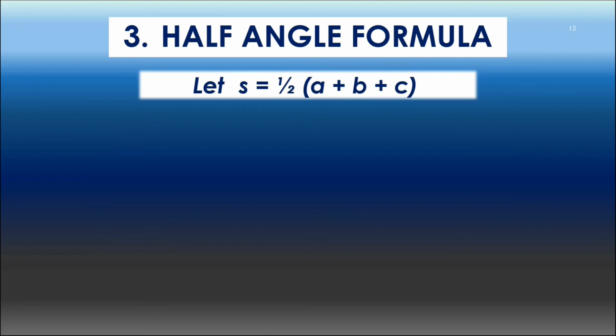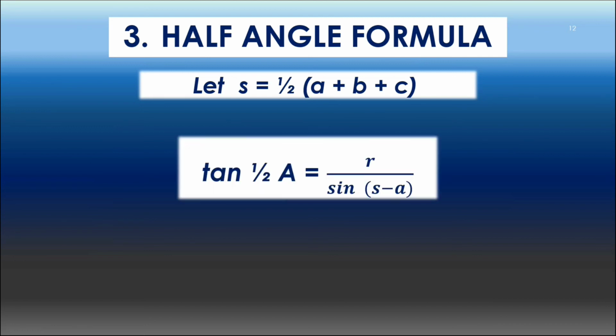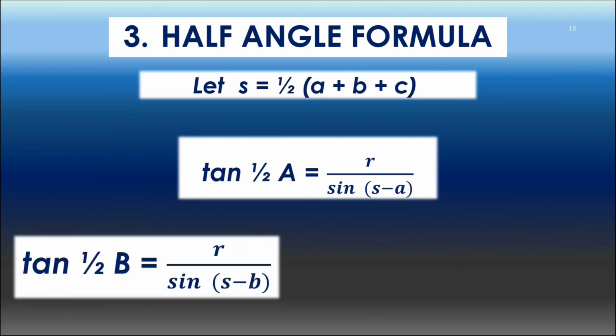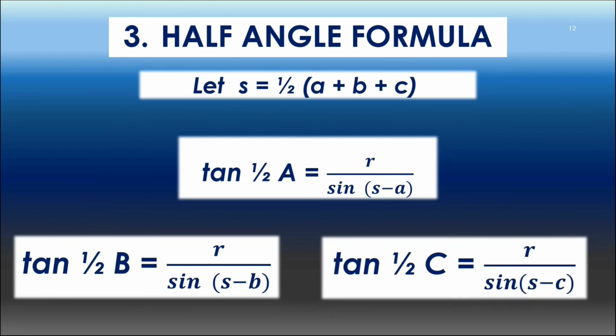Let us let S equal 1/2 times the sum of sides A, B, and C. Then if that is the case, the tangent of half of angle A is equal to R divided by sine of S minus A. And then same format for the tangent of half of angle B and the tangent of half of angle C. So these are just giving the half angle formulas, just for familiarization of what the formulas are.